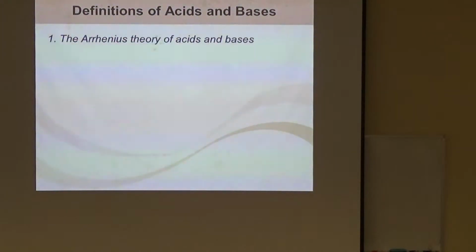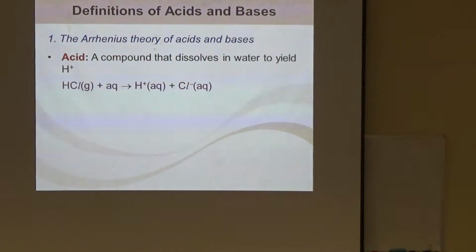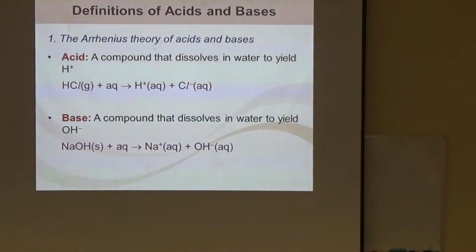Okay. So, Arrhenius theory of acids and bases. A compound that dissolves in water to yield H+ is an acid. I think everyone knows this theory, and you're familiar with it. A base is a compound that dissolves in water to yield OH-. Again, you know it.